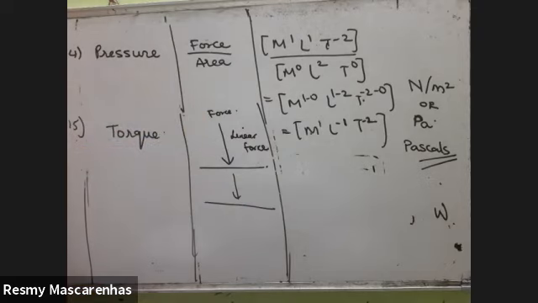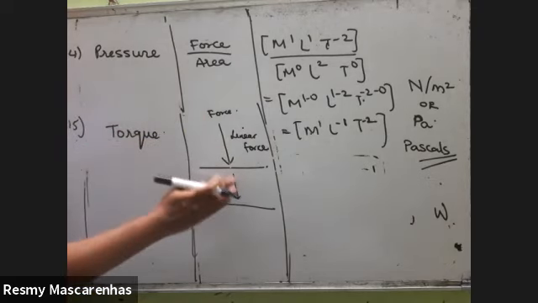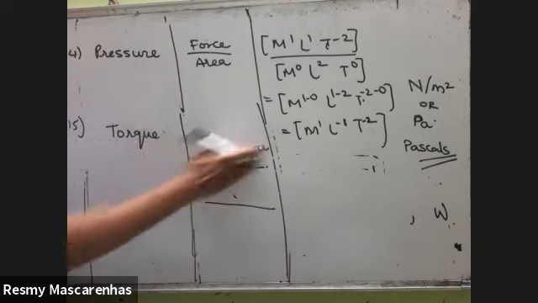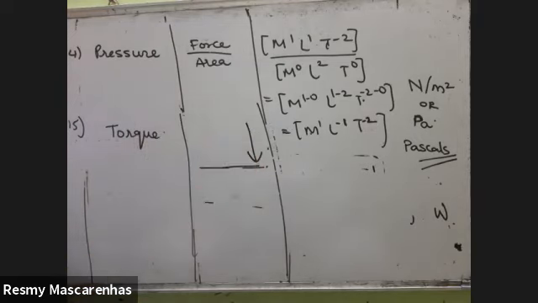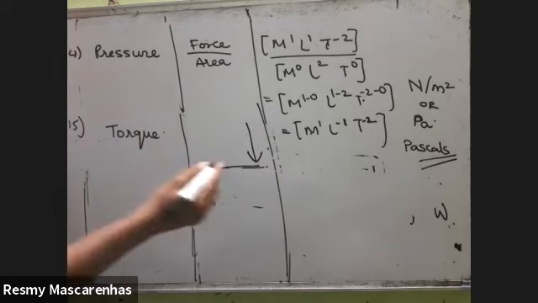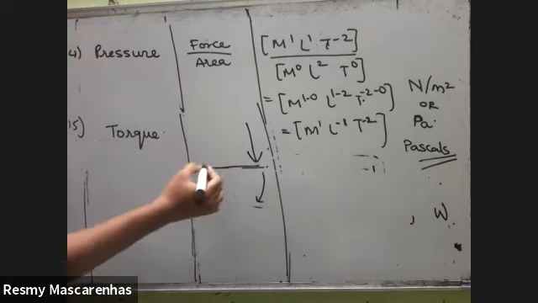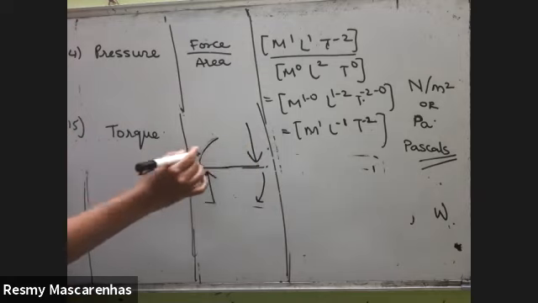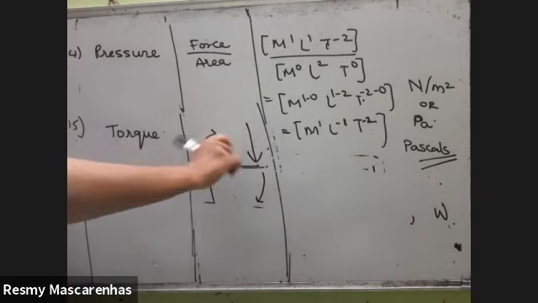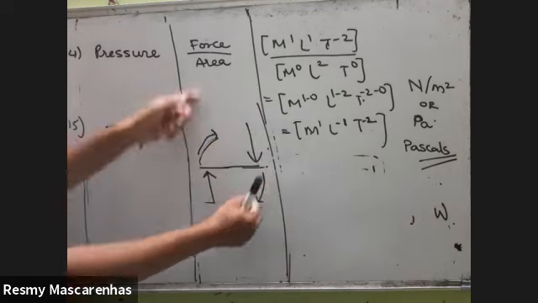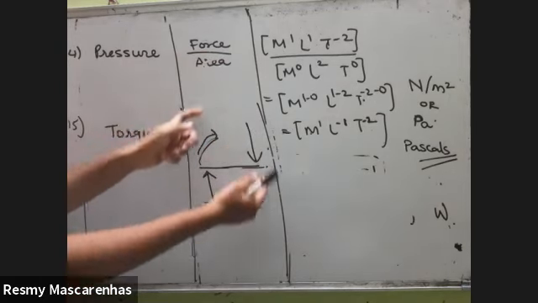Now torque is something, consider on the same paper, you are putting one force here and one force here. So what will happen, this fellow will try to push it down, and this force will try to push it up. So this will start rotating. If you are trying to push this side also, it will continuously keep rotating.